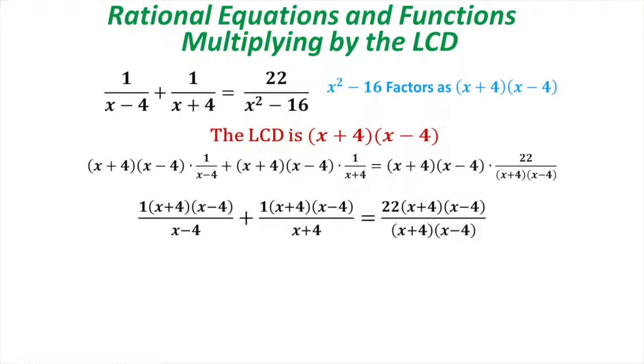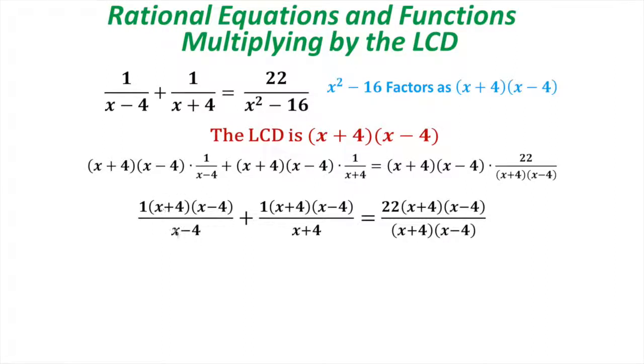Some of you may prefer to view it as this one. It's the exact same thing. All I did is multiplied each numerator by this x plus 4 times x minus 4. I had a 1 here, same thing here. I had a 1. Over here I had a 24, and I got this x plus 4 times x minus 4. Now here I went ahead and I factored this x squared minus 16, just to make it a little bit easier to see what I'm doing here.